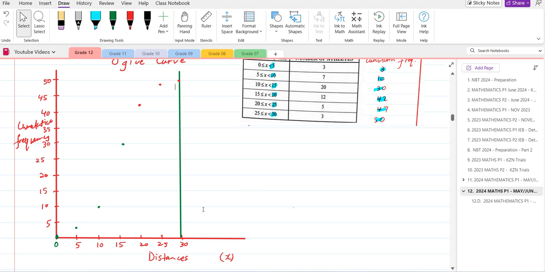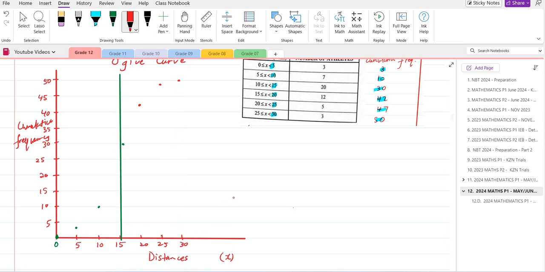I just want to check if these things are lined up as well. Okay, just a bit off. Let's take this out because it was 15 and 30. The rest is all fine. Now we're going to draw this ogive curve. Remember, we're drawing the ogive curve, just draw it freehand.